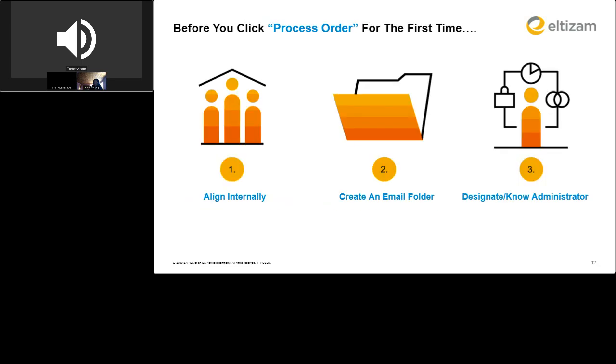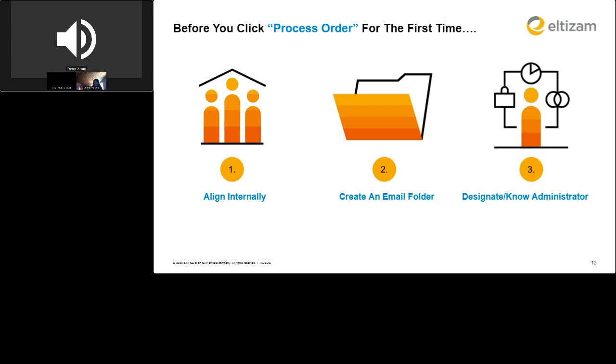These are some recommendations that we always give to our suppliers before they click on Process Order for the first time. First, we recommend you align internally to check whether your organization already has an account on Ariba network, and make sure that this is the first account. Then you can decide to sign up.